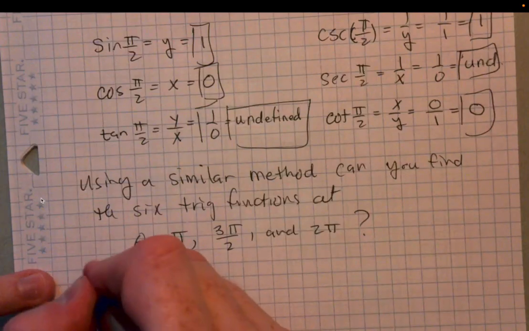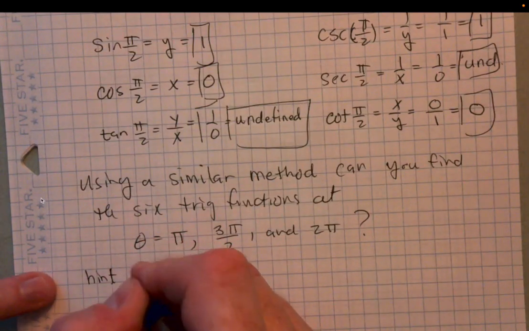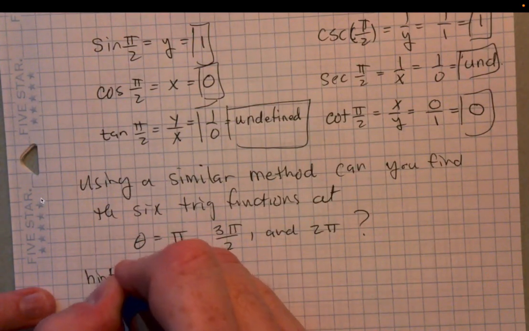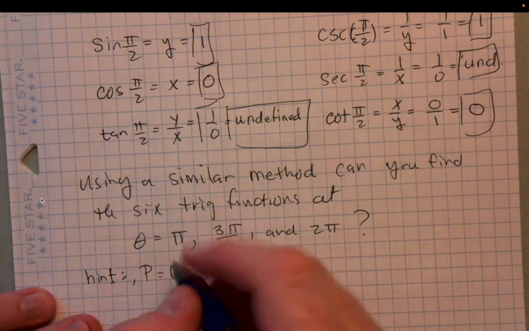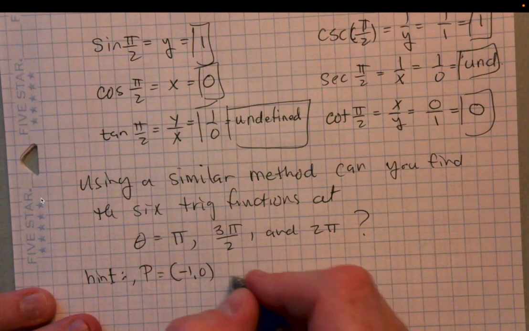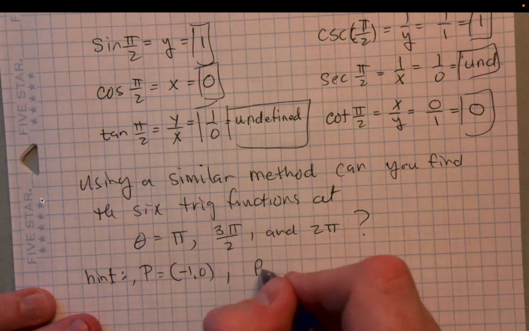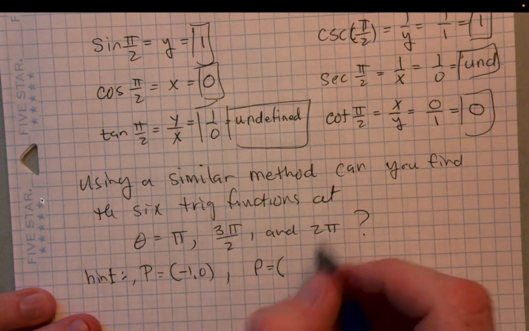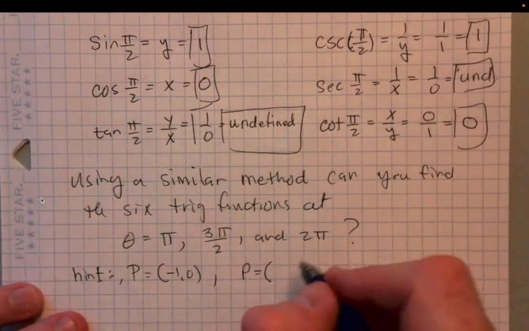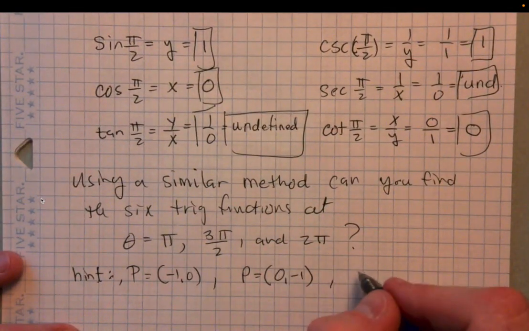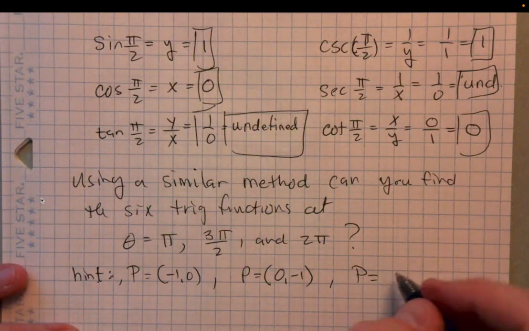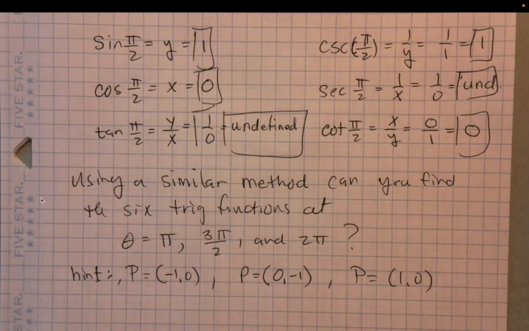I'll give you a hint. At pi, p is equal to negative 1, 0. At 3 pi over 2, p is equal to 0 comma negative 1. And at 2 pi, p is equal to 1 comma 0.